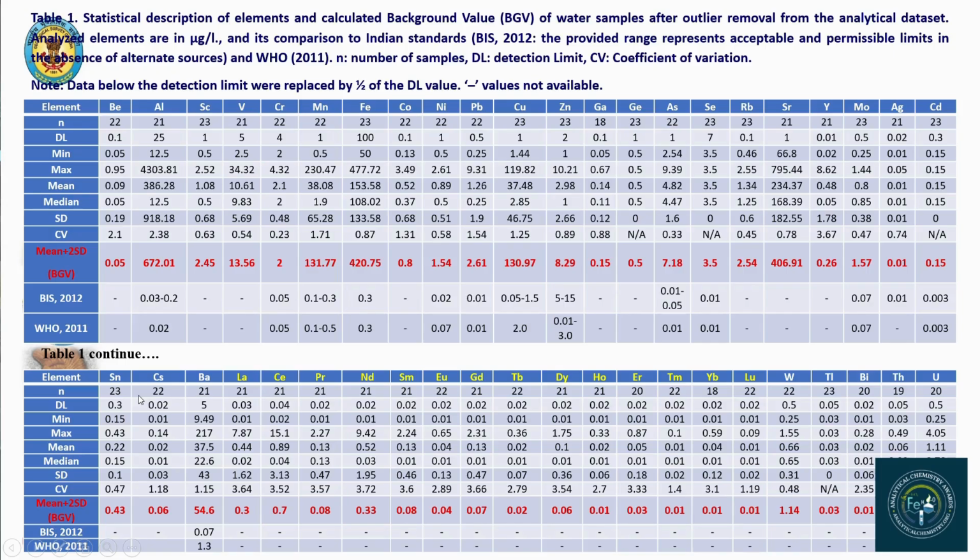And then come to Table 1, the continued part. There are also elements and REEs, lanthanum to lutetium. These are the 14 REEs, where we are getting very low concentrations, because we have collected the stream water from the pristine areas, not affected by human or anthropogenic activities.